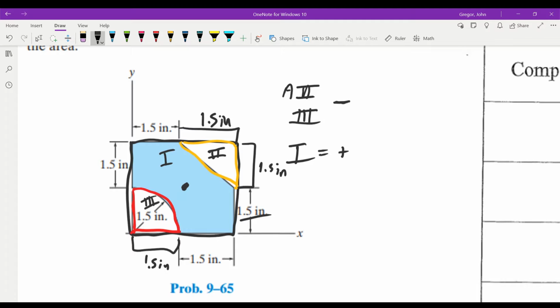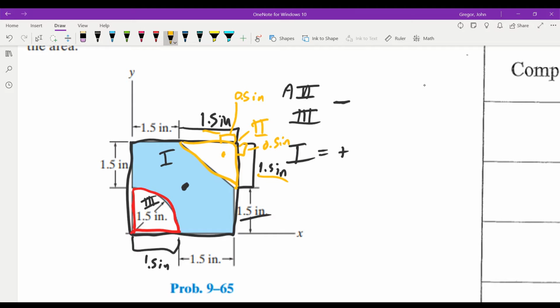But its center is going to be around here, because it's 1/3 from here. So that's going to be 0.5 inches. 1.5 divided by 3, yeah, that's 0.5. And it's going to be 0.5 from the top.